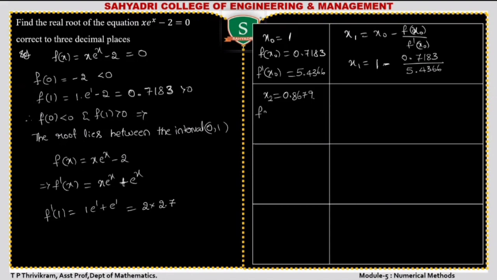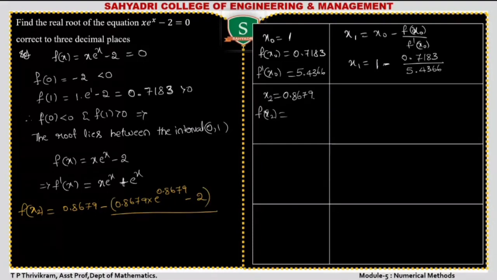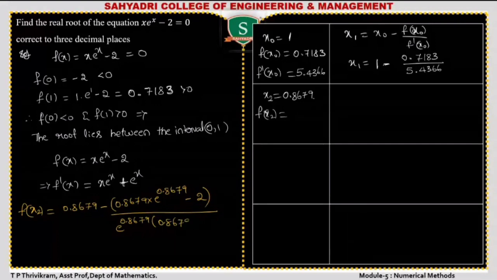Next, f of x2 will be how much? In rough, you just do it. f of x2 is nothing but x2 into e power x2 minus 2, divided by f dash, where f dash is e power x into x plus 1.